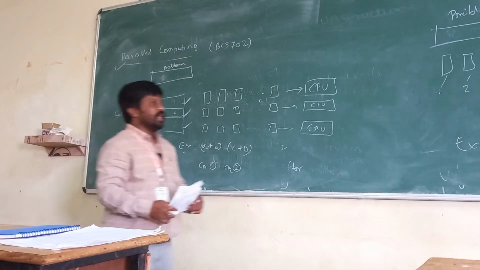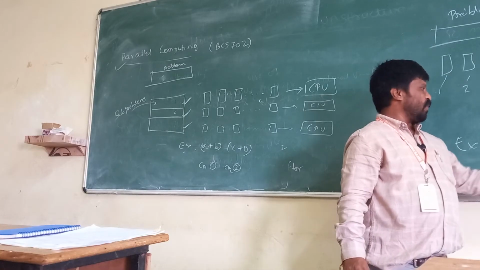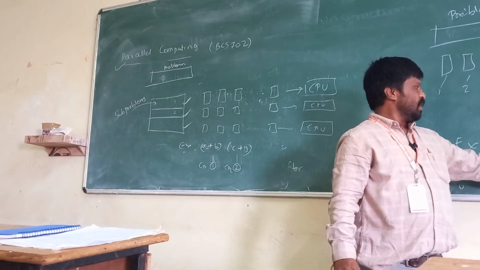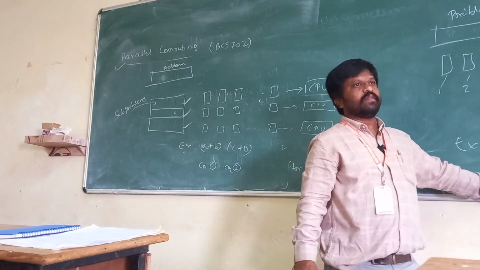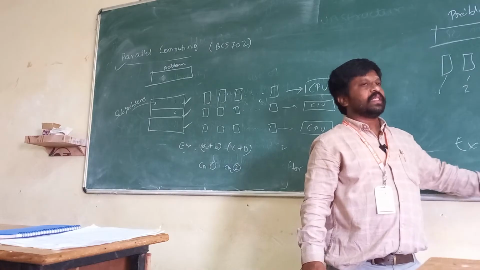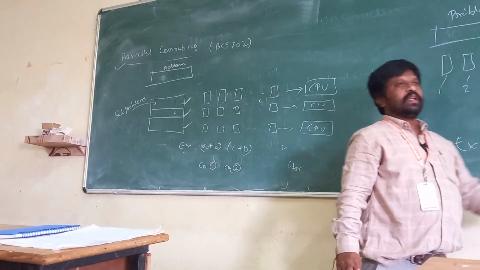But until the completion of a plus b, it has to wait before executing c plus d. We are waiting serially, and after the execution of the first, the second and third are taken.